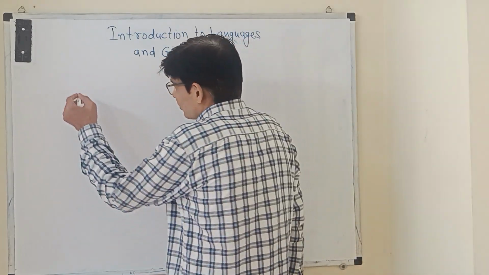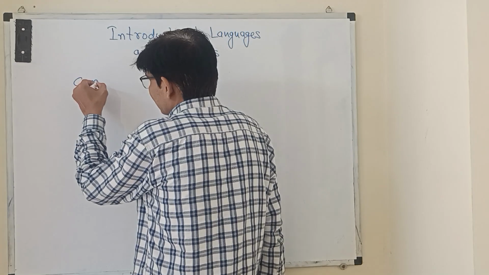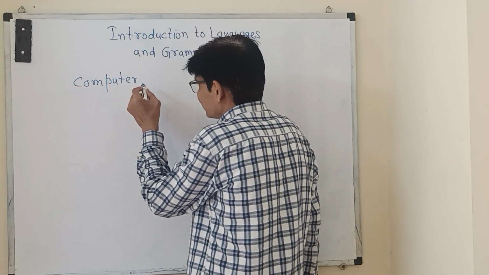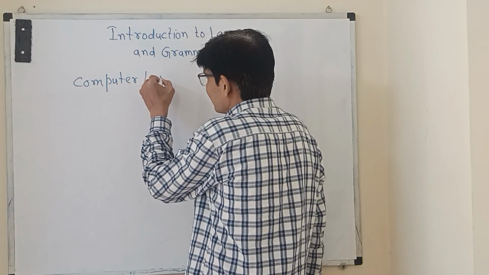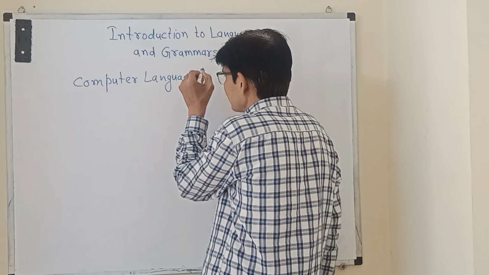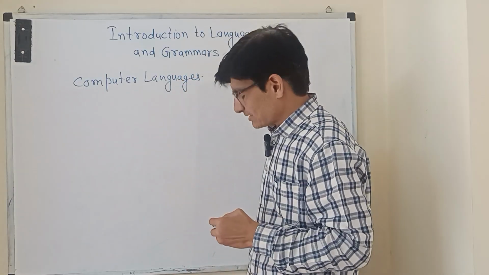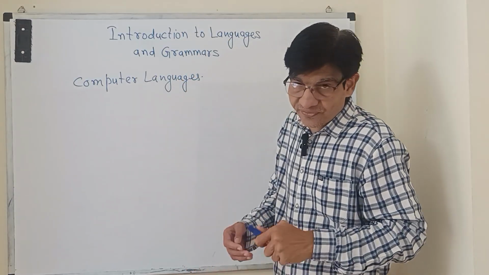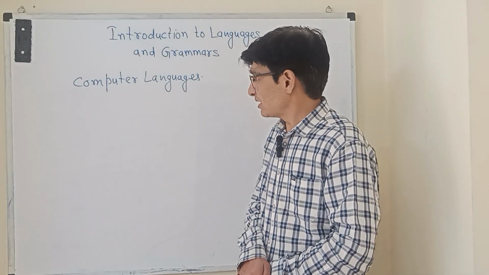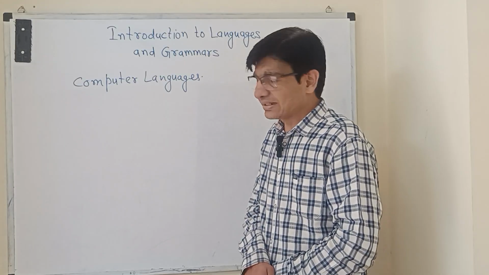computer languages. And if I talk about computer languages, then each word in these languages will have a fixed meaning. So here computer languages are different from regional languages or human languages in that sense.